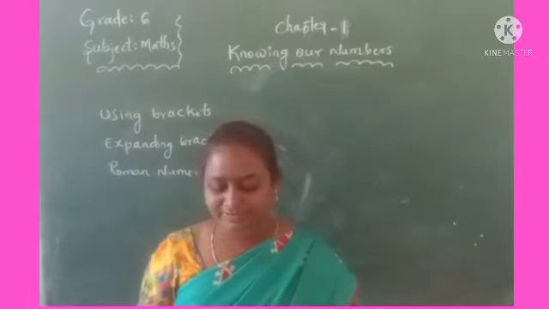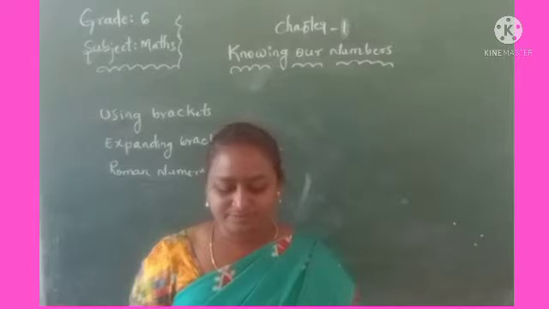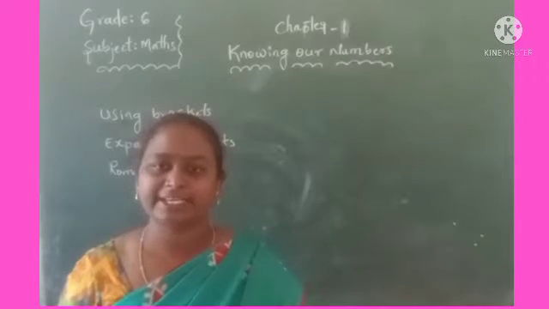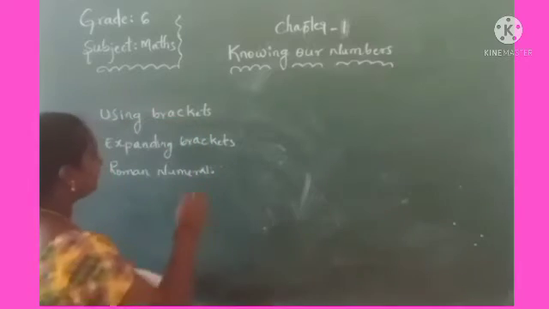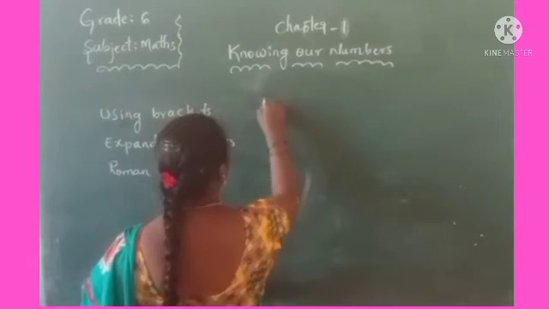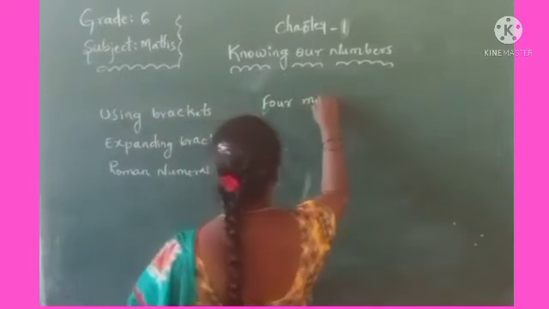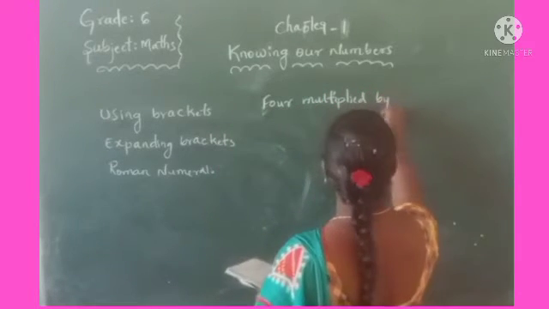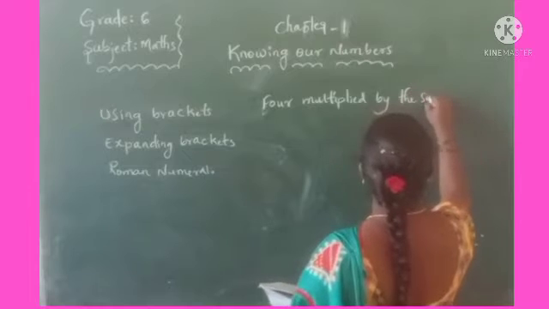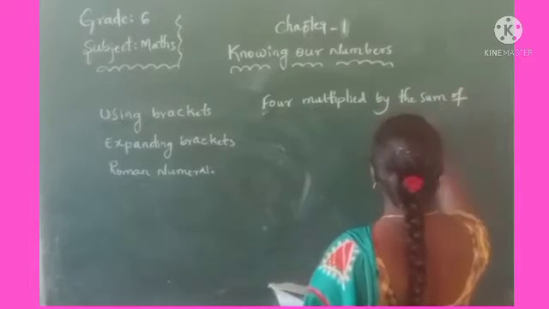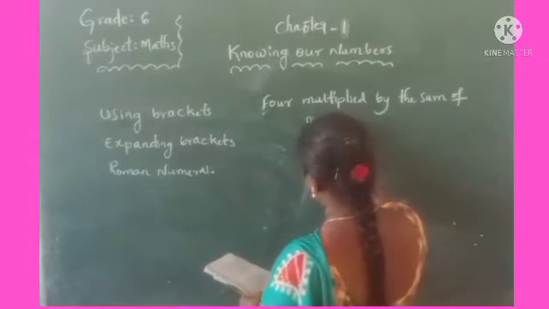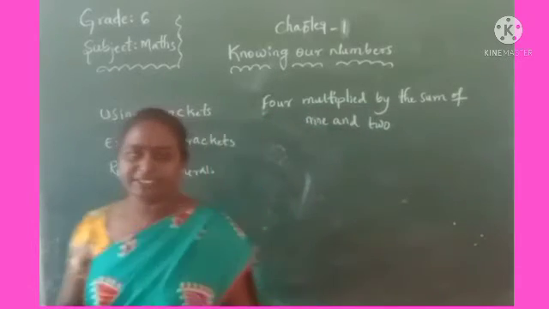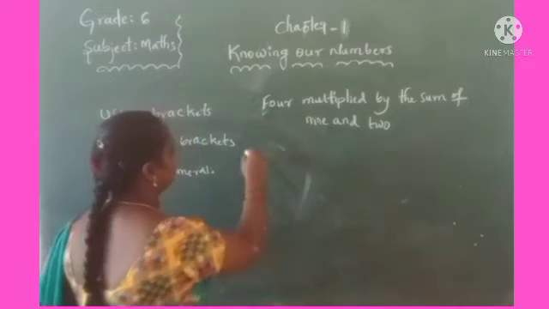What is the given statement here? 4 multiplied by the sum of 9 and 2. We have to write the expression. 4 multiplied by: which sign do we use for multiplication? Into. Right. 4 multiplied by the sum of 9 and 2.